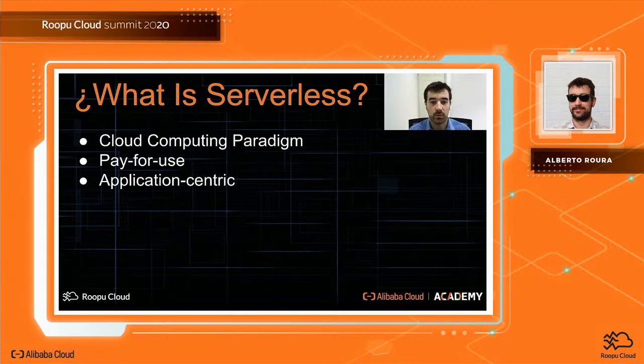One of the main characteristics of serverless is the pay for use. With the difference, if we compare with the traditional virtual machines approach, where you have a virtual machine 24 hours waiting for requests, imagine that your website has only 500 visits in one day. So 500 visits, every request takes 30-40 milliseconds to process.